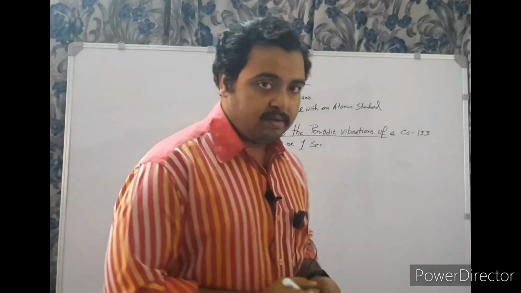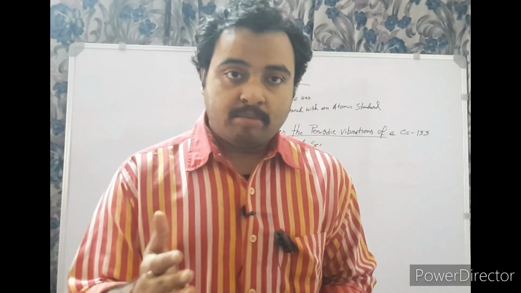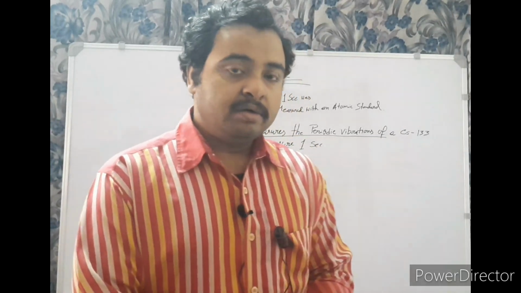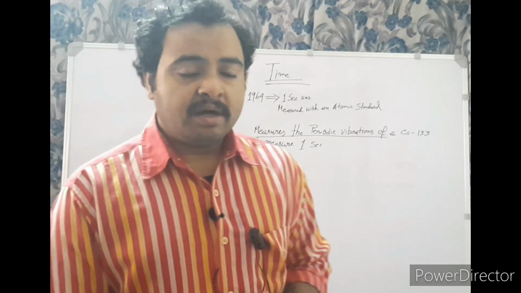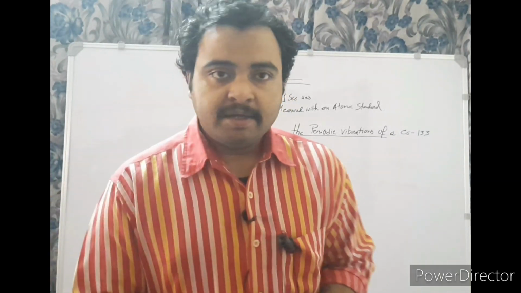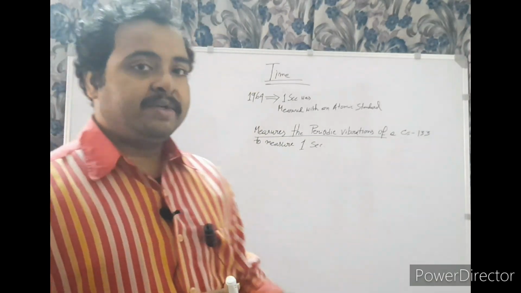Actually it is seen that to excite a cesium-133 atom from its ground state to a higher state takes a constant amount of microwave vibration, right? So we are talking about that vibration.